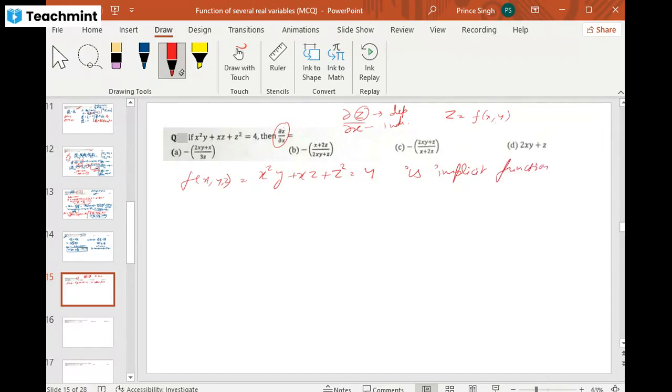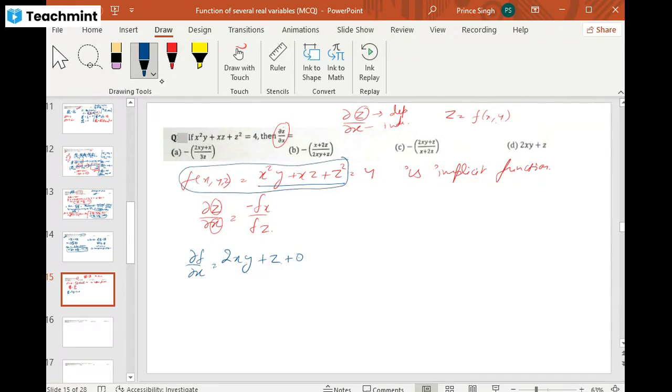In case of an implicit function, the value of ∂z/∂x can be obtained by taking the ratio of minus f_x upon f_z. Z is in the numerator, so f_z is in the denominator. X is in the denominator, so f_x is in the numerator. f_x means the partial derivative with respect to x, which is 2xy + z.